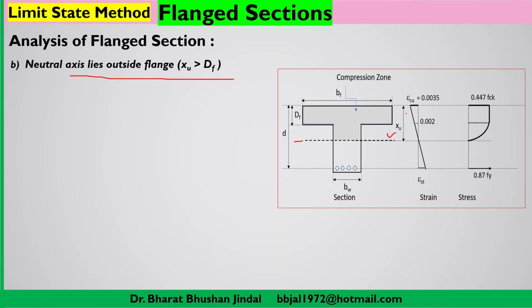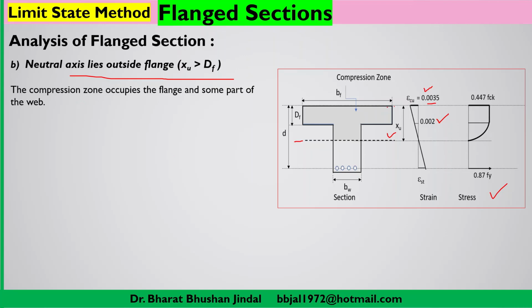Now at the top level you can see that the strain in the compression fiber at the top of the flange is 0.0035, and because at this level the width of the section is directly reduced from bf to bw, that means it is quite lesser than the width. So the maximum strain which is acceptable at this level is 0.002, and the rest is the same type of diagram, stress as well as strain.